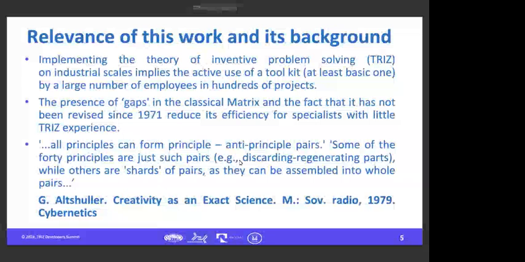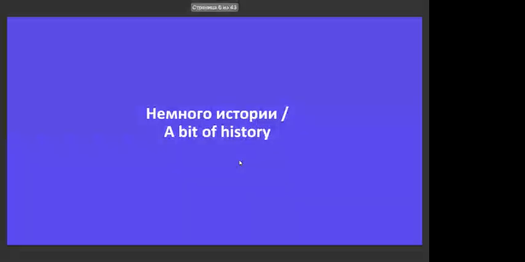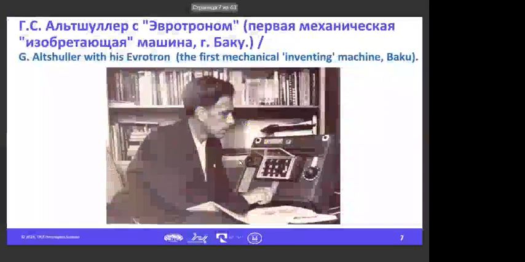A bit of history, just for your reference, for you to remember. As you are aware, in the 21st century, and as our presentations are showing, we've been extensively using different ways of improving and automating our problem solving. Genrikh Saulovich himself was referring to that.